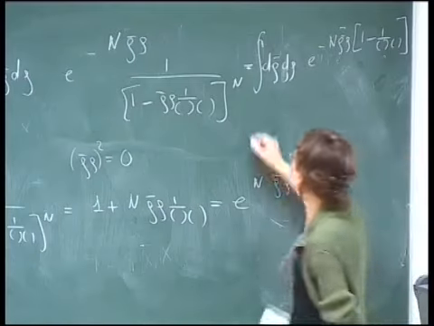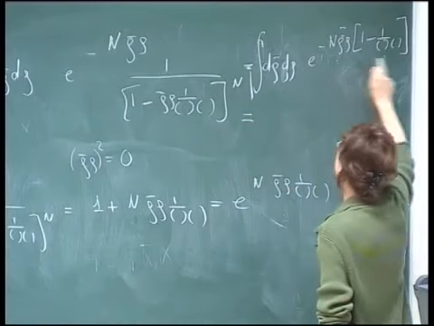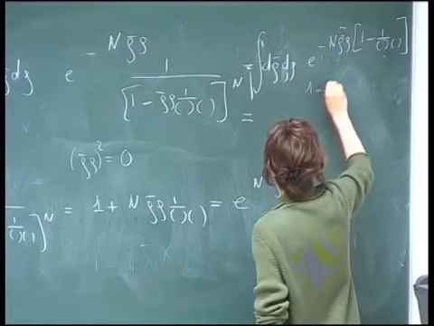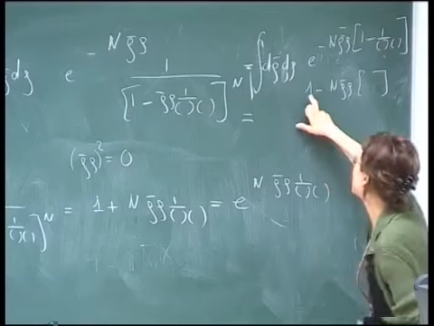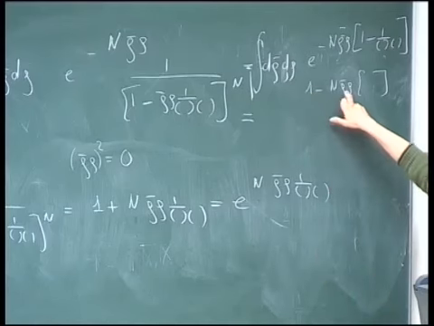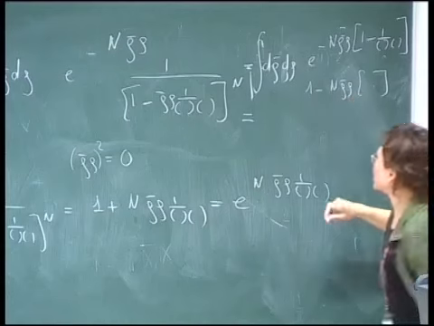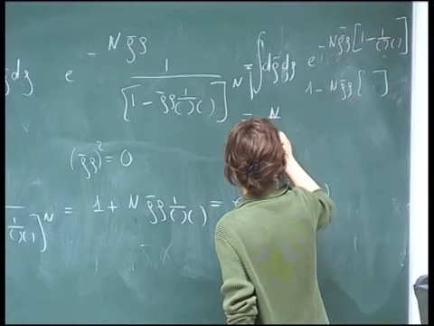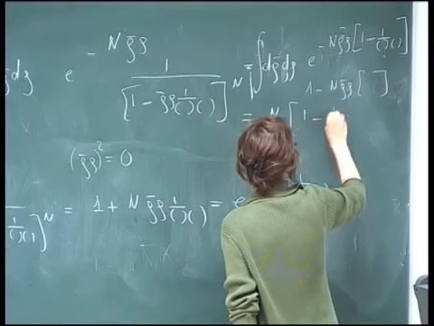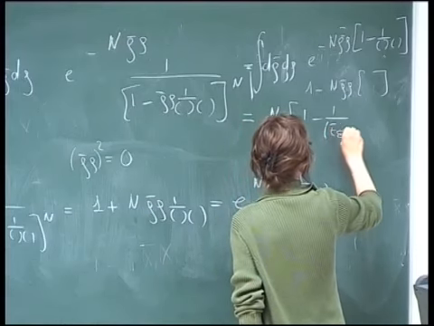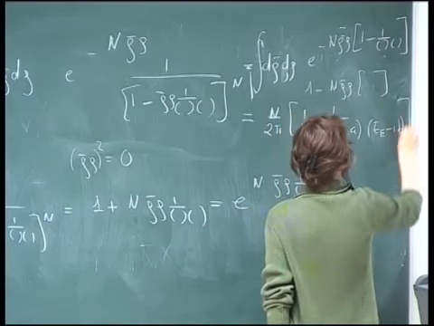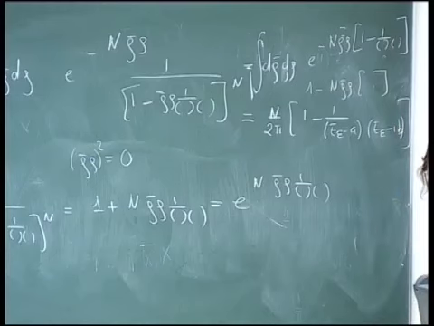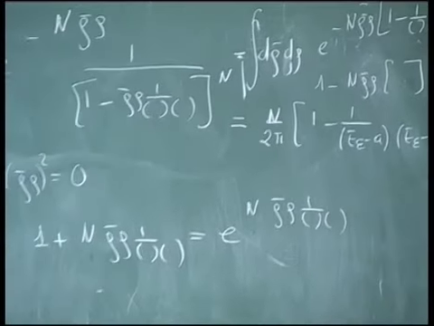Now, when I do this integral, I expand this exponential. So it's 1 minus n. The integral over 1 is 0, and this integral gives me 1 over 2 pi. So the result is n. And that was exactly the last piece that was missing in the formula we wanted.